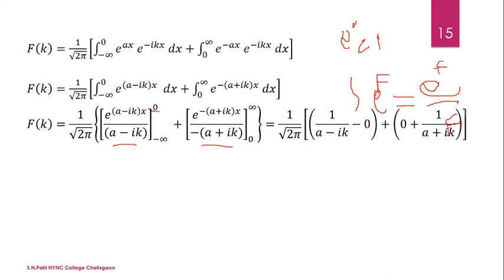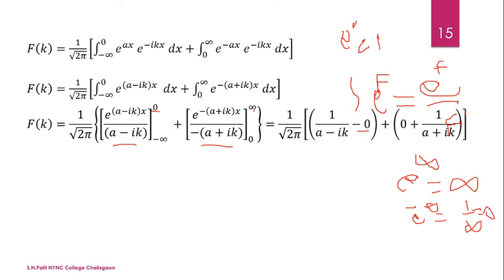Now put the lower limit. When you put the lower limit here, then e raised to minus infinity. We know that e raised to infinity is infinity, and when we take its reciprocal, 1 upon infinity is 0, that is e raised to minus infinity is 0, so the lower limit contributes 0.